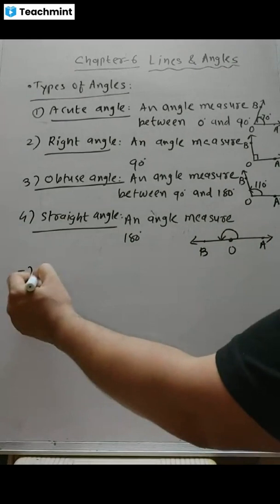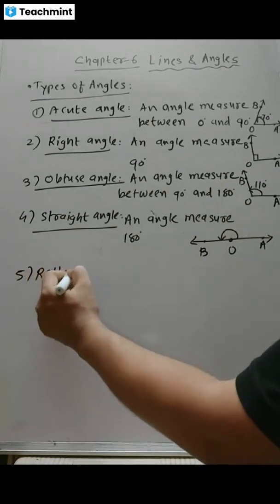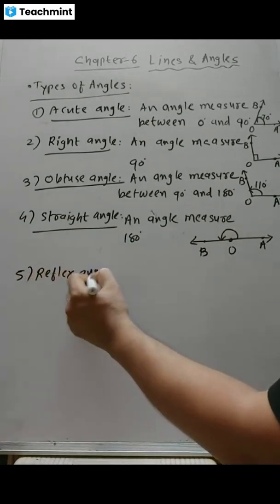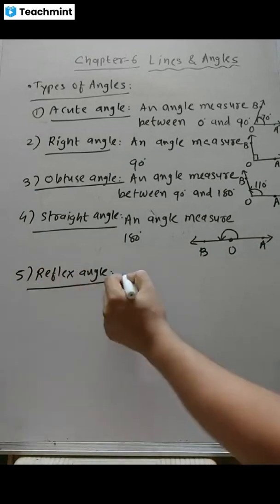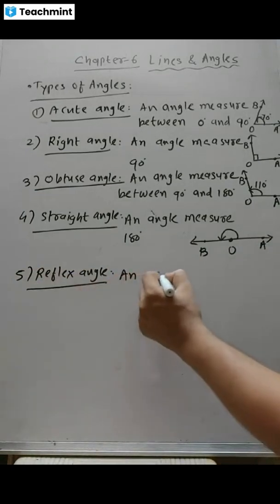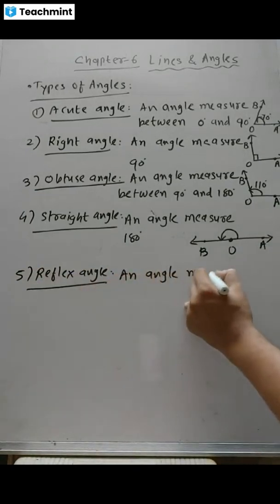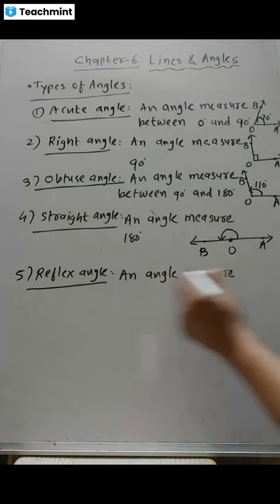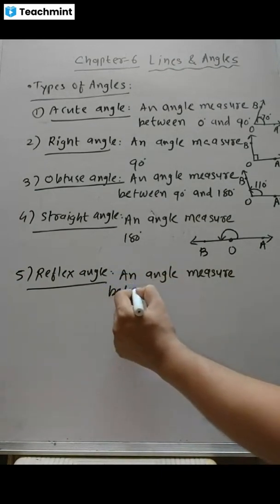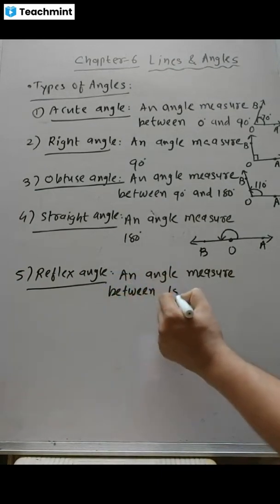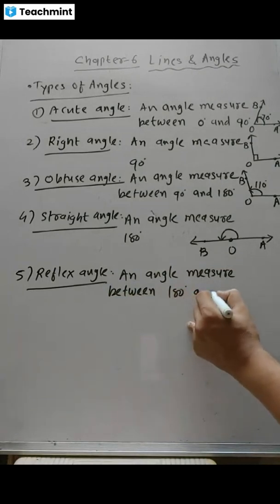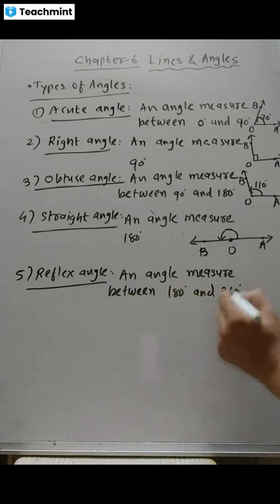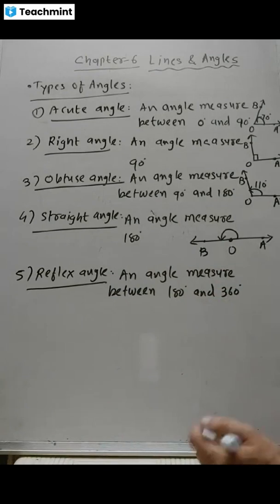Fifth one is the reflex angle. An angle that measures more than 180 degrees and less than 360 degrees is called a reflex angle.